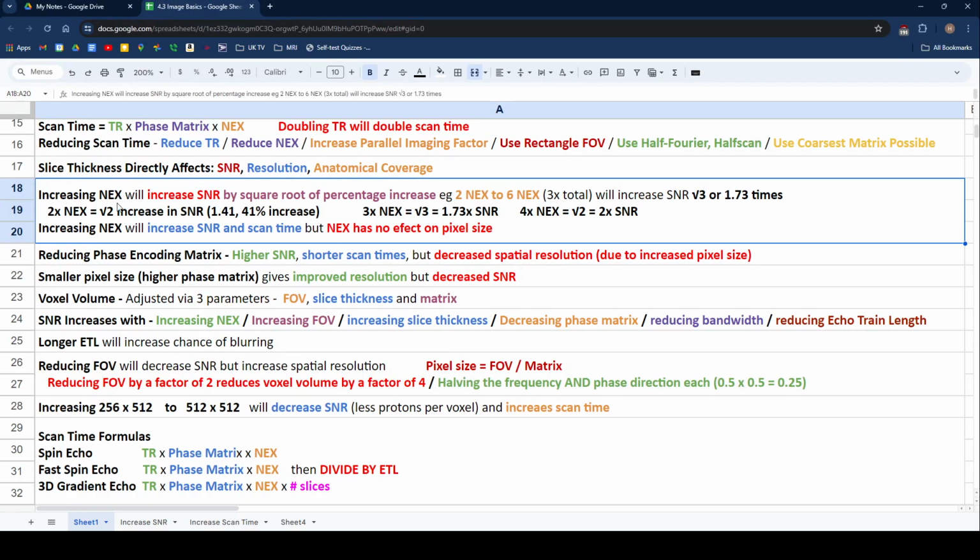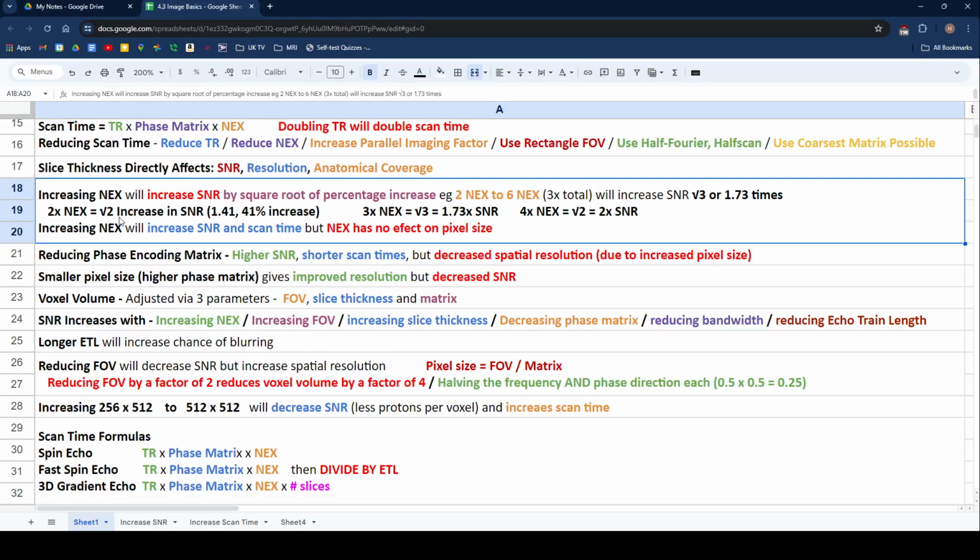If you increase your NEX, you're going to increase your signal to noise by the square root of the percentage increase. So 2 NEX to 6 NEX, that's 3 times the amount. Root 3 is 1.73 times the signal to noise, or a 73% increase.